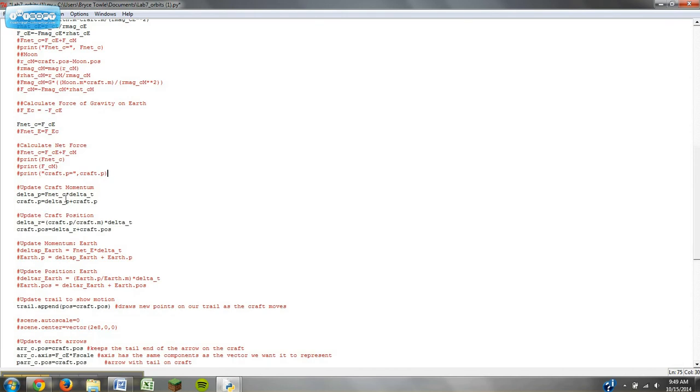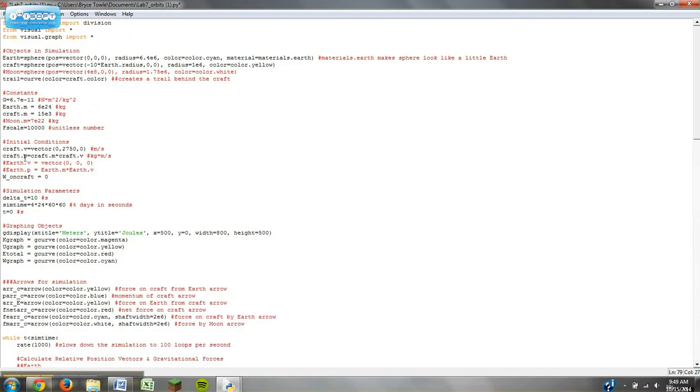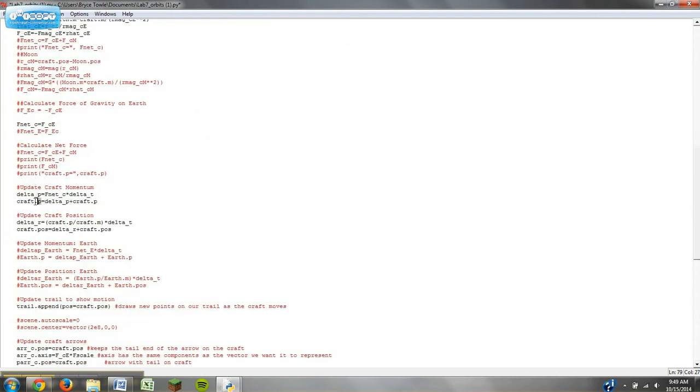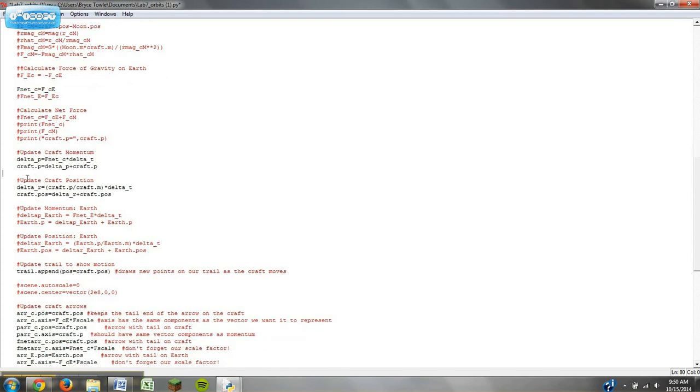However, in order to update it, we don't want the change in momentum, we want the new momentum. So we have our delta P down here, but we also want to add that to the craft.P, which is what we calculated up here initially. That gives us a new craft.P. We can do the same kind of thing with the position, delta R, which is a change in position.